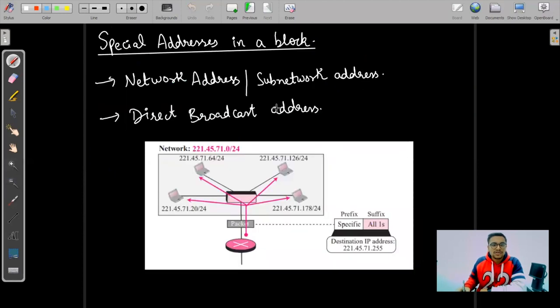Okay. Now moving on, there are special addresses that we read about in classful and classless addressing, which are used for network identification and subnet identification.